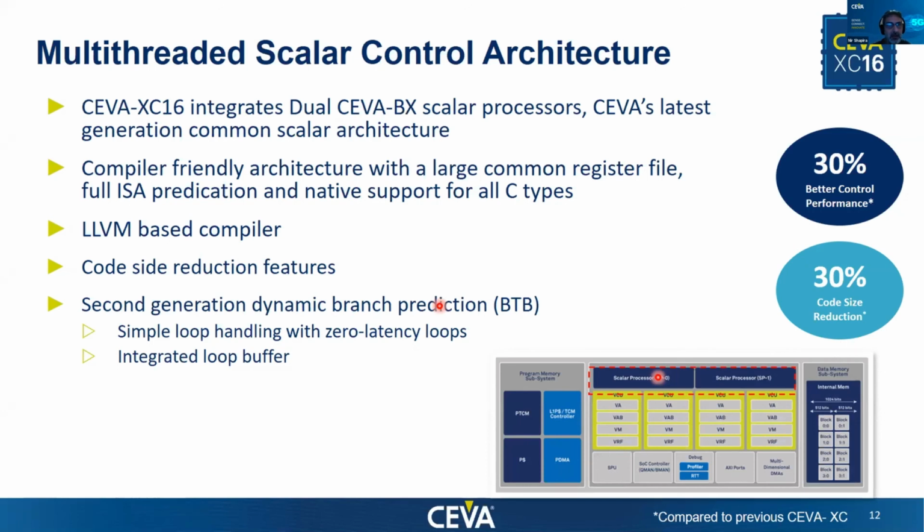And it has a modern compiler based on the LLVM. It has quite a few code size reduction features. So all in all, we have improved in this generation our control code performance and code size by around 30%.